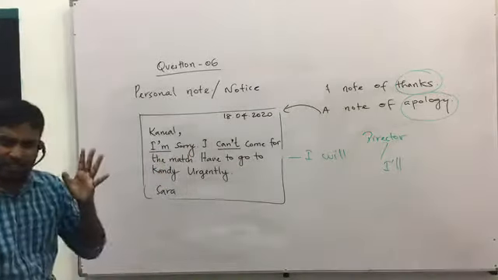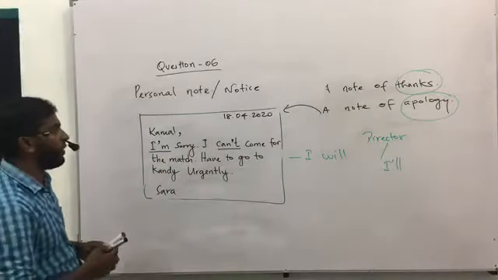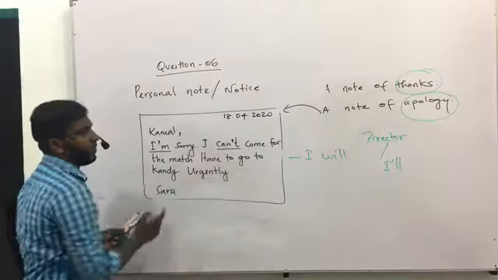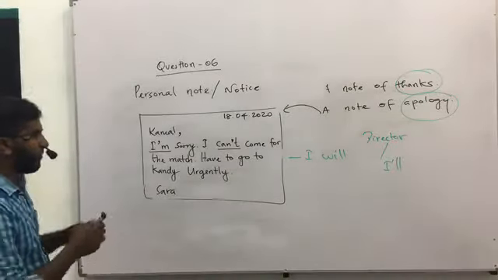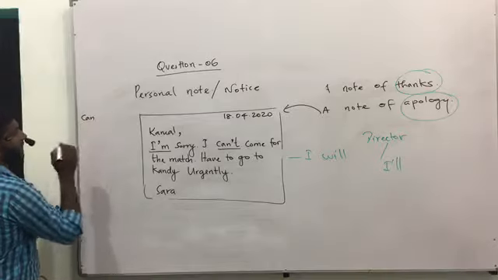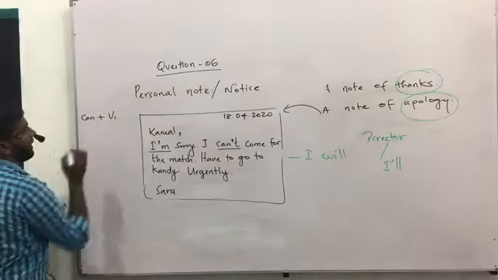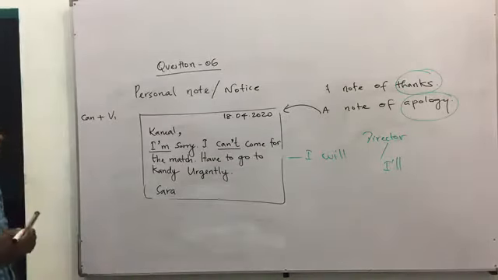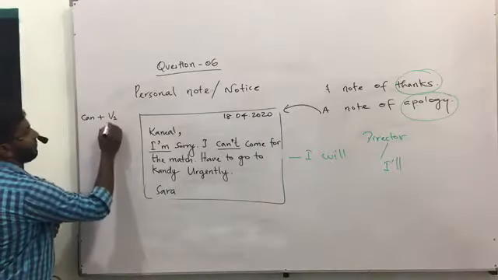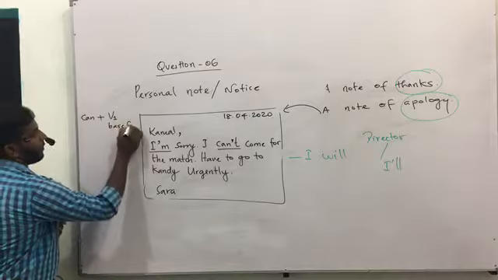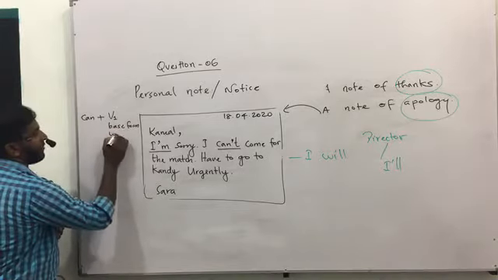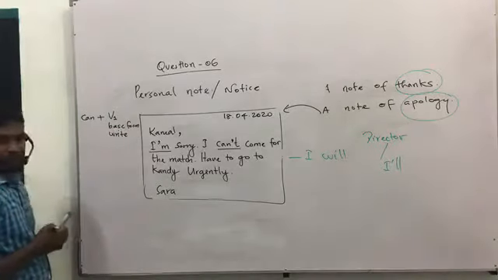It is a very simple sentence. As you all know, this is a modal verb. For example, can is here, can and verb 1. As I said, the verb 1 is the basic form. That is the base form of the verb. For example, write is the base form of the verb. Right?